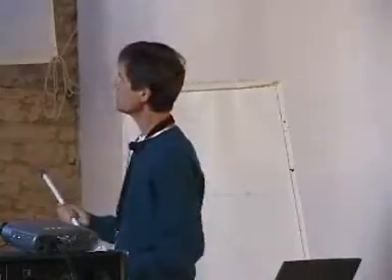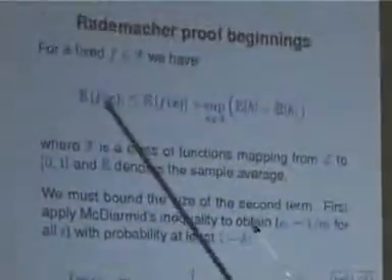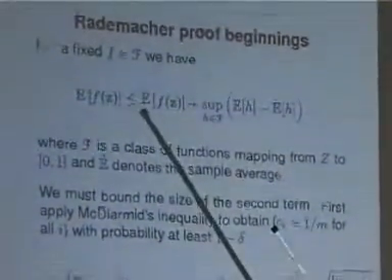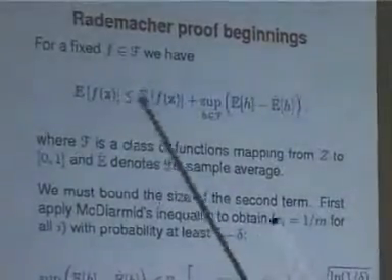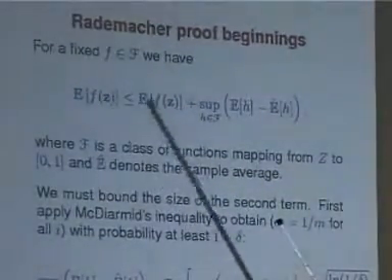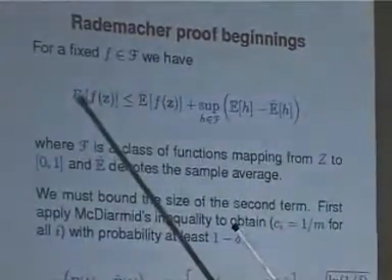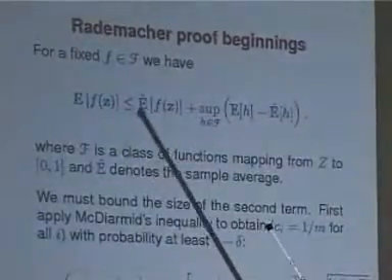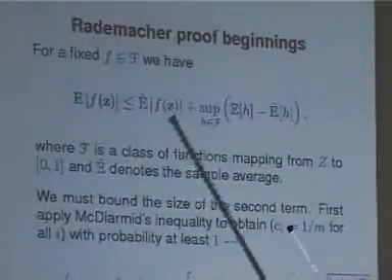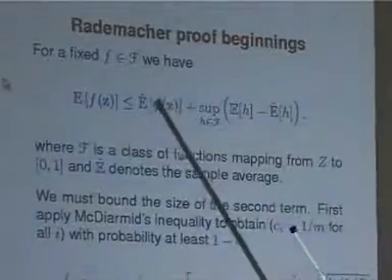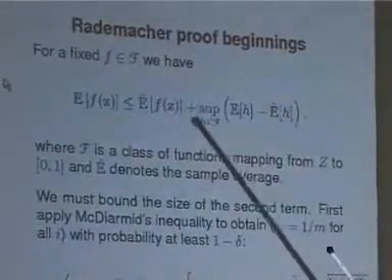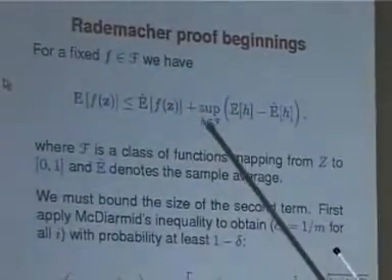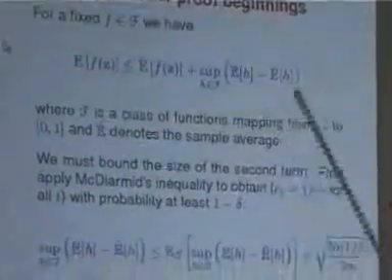So the first thing, and I mentioned this before, we can easily write down this expression by observing simply that this and this are the difference between the true estimation of f and the empirical estimation of f for some f in our function class, and that's certainly going to be less than or equal to the sup over all possible f's, or h's in this case, in the function class.